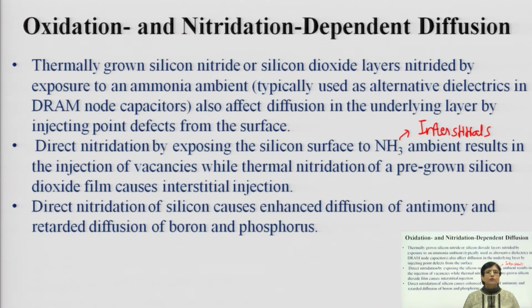Direct nitridation also causes enhanced diffusion in the case of antimony, and there is a retardation, a reduction of the diffusivity, in the case of boron and phosphorus. That is, non-favorable conditions are created by the direct nitridation, and because of that you will have a reduction in the diffusivity.